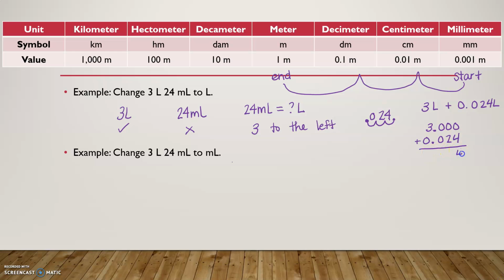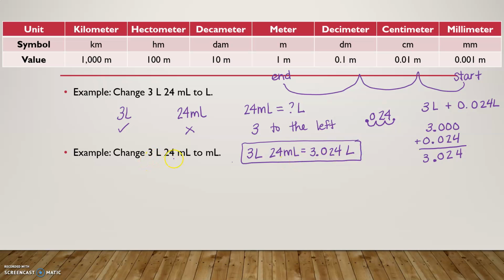This would give me 3.024. So I can say for my final answer that 3 liters and 24 milliliters is equal to 3.024 liters. This would be my final answer.